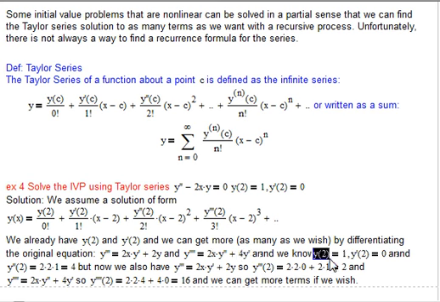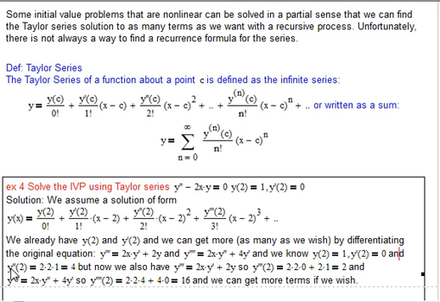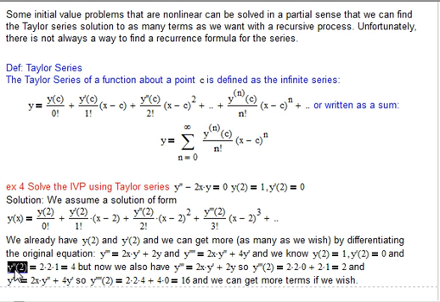And since we know y of 2 equals 1, y prime of 2 equals 0, then we can fill in the details. y double prime of 2 is 2 times 2 times 1, which is 4. See where we're getting that?